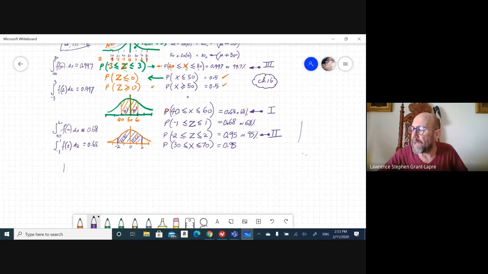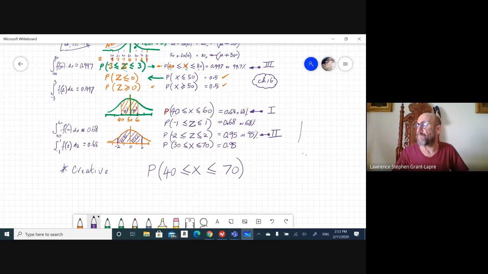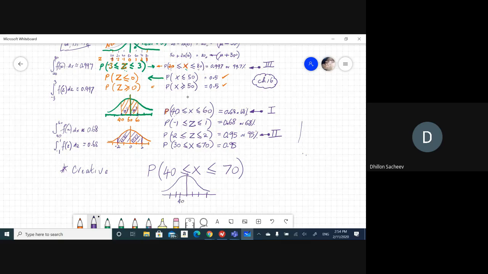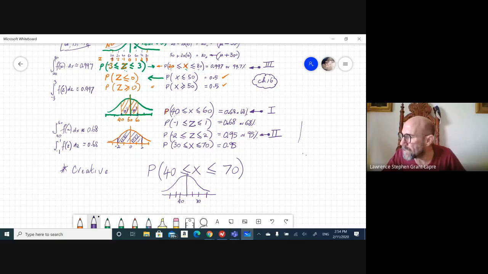All right, here's a creative question. Think of this. What is the probability of getting between 40 and 70? Is it like 81.5? What did you get? 81.5. Let's find out.